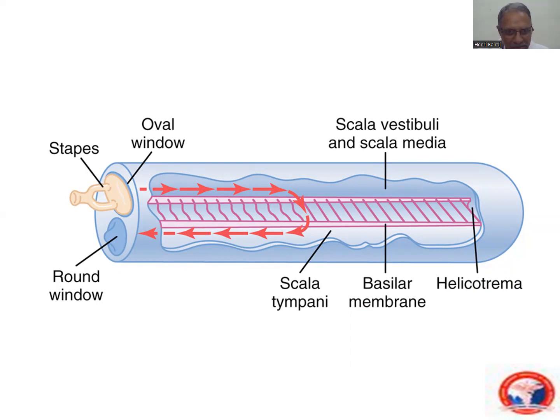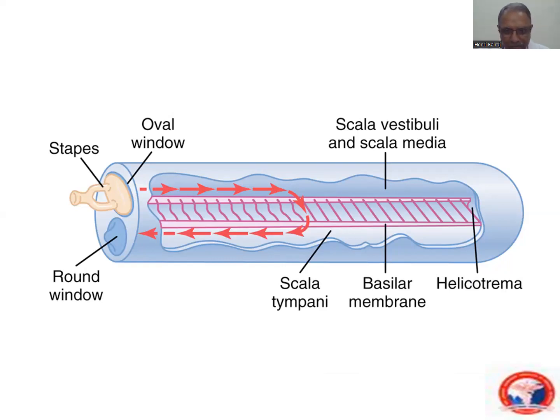Depending on the frequency of the sound, the hair cells get distorted, and the dissipation of this rarefaction and compression in the cochlea is disseminated by the round window.